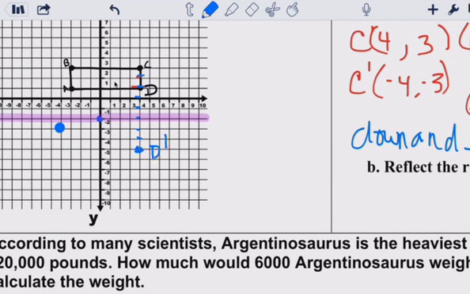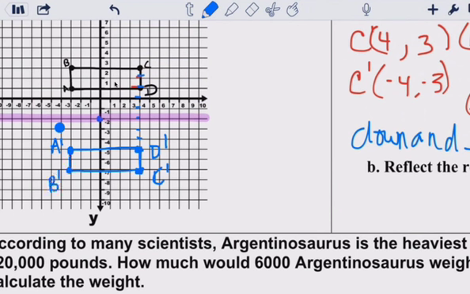And after that, 2 more is C prime. Okay, that block. And the other way, right here, is A prime. And this other one right here is B prime.